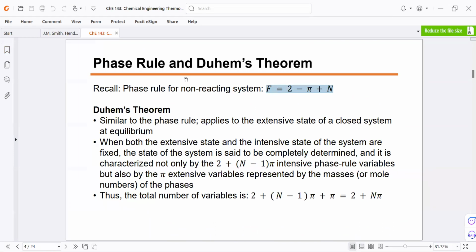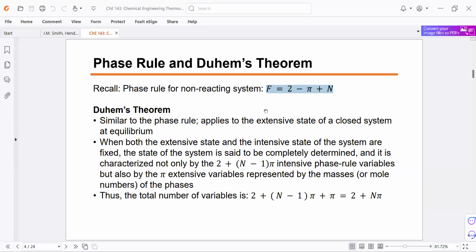Next, we introduce another theorem, Duhem's theorem. It's similar to the phase rule, and it applies to the extensive state of a closed system. If we consider both extensive and intensive state, I hope you remember the definition of an intensive versus an extensive state.